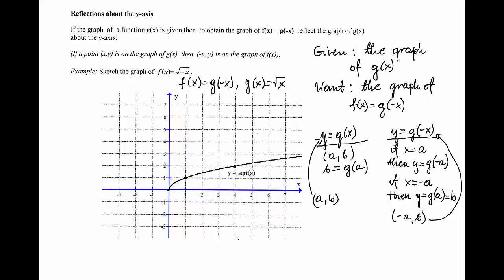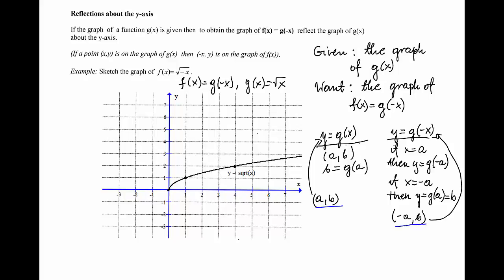We look at that relationship. If the point (a, b) is on the graph of g of x, then the point (negative a, b) is on the graph of g of negative x. So what happens is that we keep the y coordinate unchanged, and we replace the x coordinate with its opposite. So where will the point (0, 0) go?